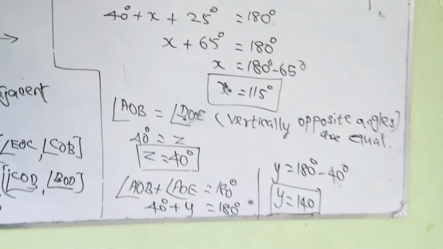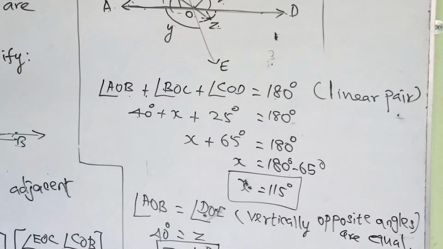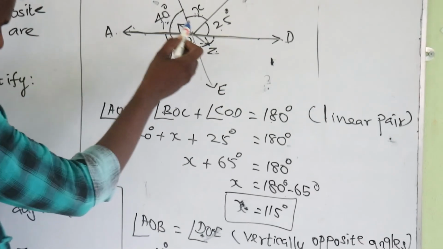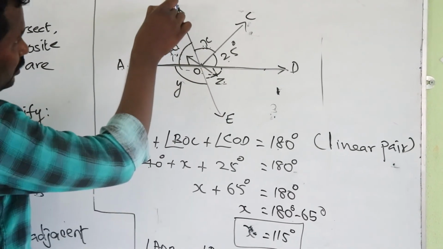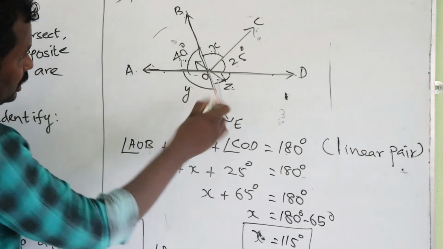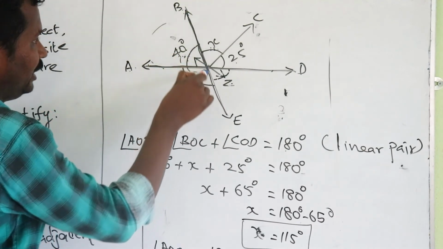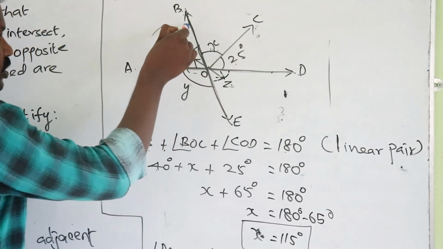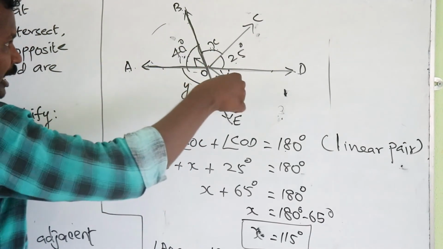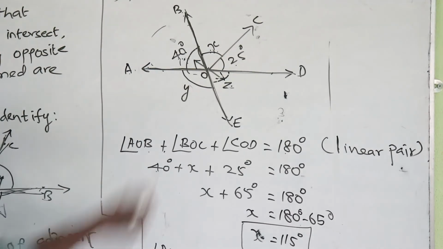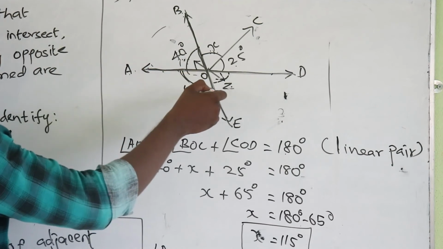Next, to find the value of Y. We separate it into two parts. Assume that this is one line, from here to here is 180 degrees.